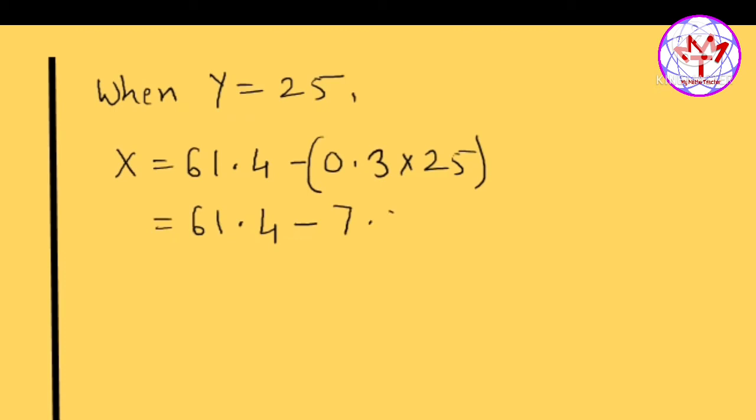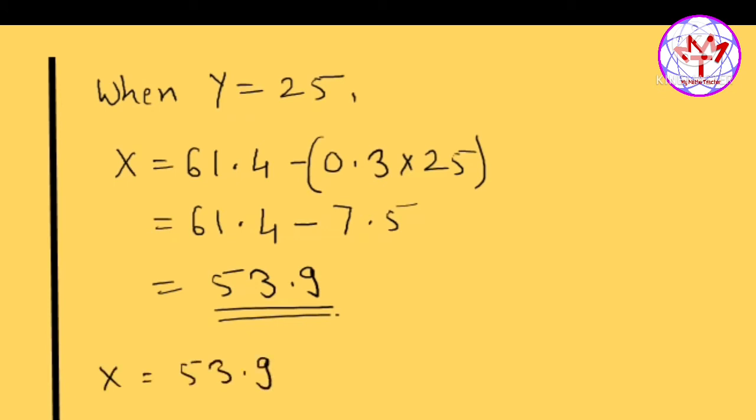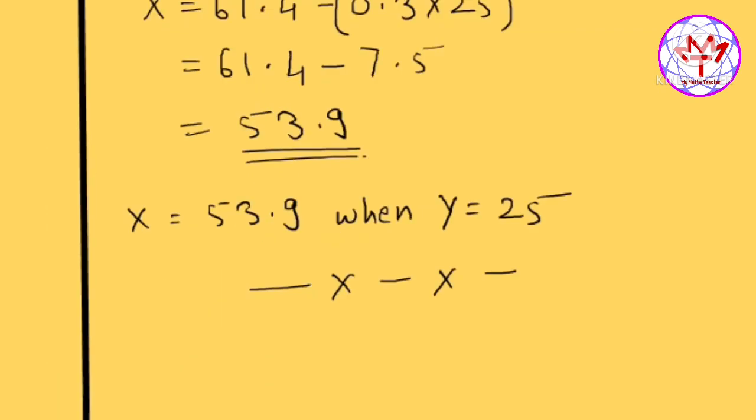That is 61.4 minus 7.5. That comes to 53.9. So this is your answer. So x is equal to 53.9 when y is 25. So this completes your first question.